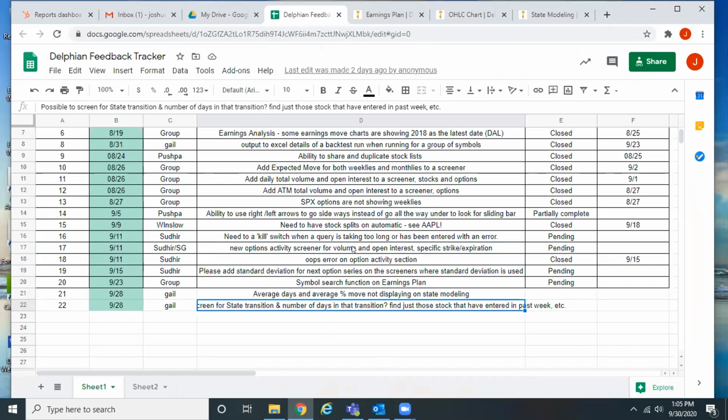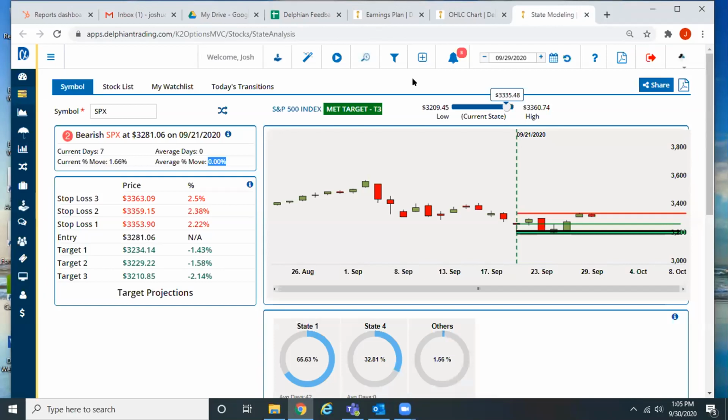Like if you could screen for entered state 2 within the last 2 days, up to a week, something like that. Because I missed a couple last week that were listed as entered state 2, target 3 not met, and they paid off in a couple of days. So if you don't catch it right away on those daily alerts, you miss them. I just thought I'd throw that out there. I don't know if it's worthy or not.